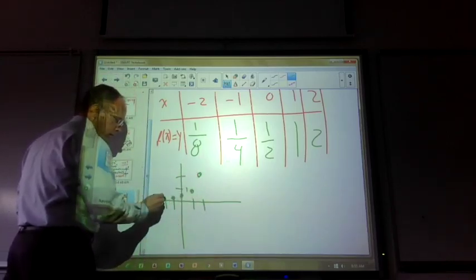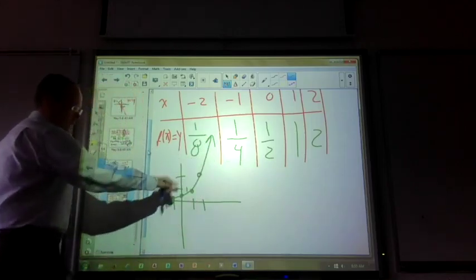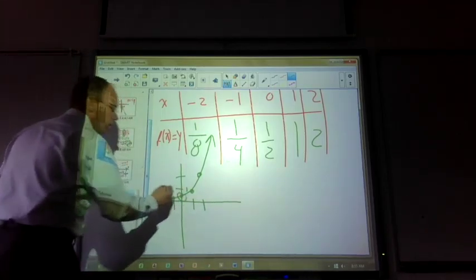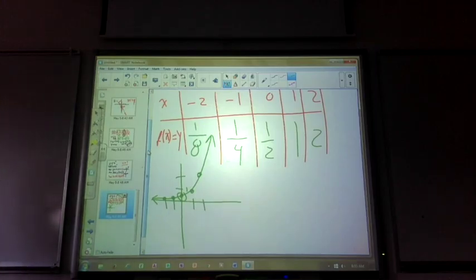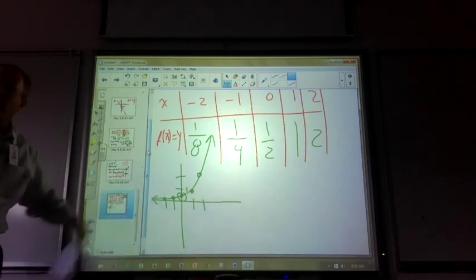Here's what this graph looks like. It's coming down by the x-axis. What is the y-intercept? It's right here. It's at 0, half. What is the equation of the horizontal asymptote? The horizontal asymptote, does it look like it's going to cross this line?